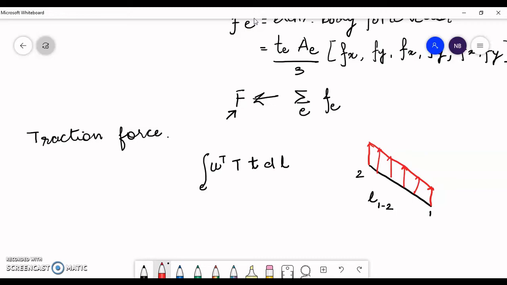So this is Ty, and Tx is what is marked in blue.